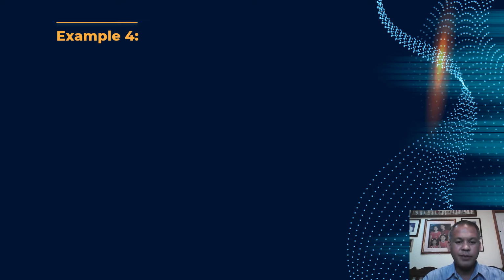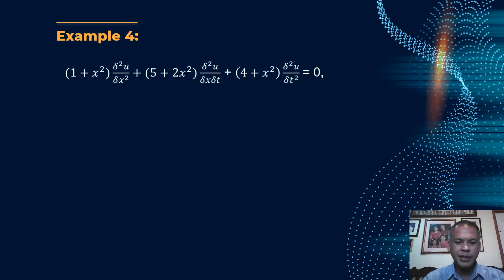And for example number 4, consider the equation: the quantity 1 plus x squared del squared u over del x squared plus the quantity 5 plus 2x squared del squared u over del x del t plus the quantity 4 plus x squared del squared u over del t squared equals 0.